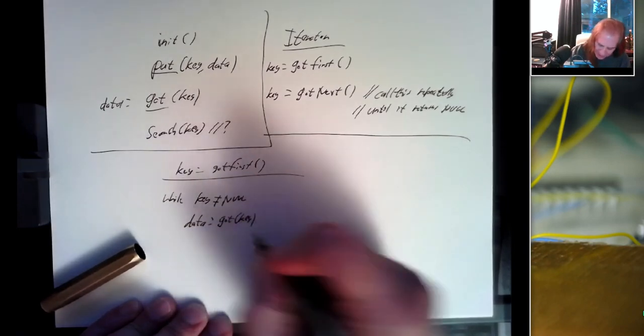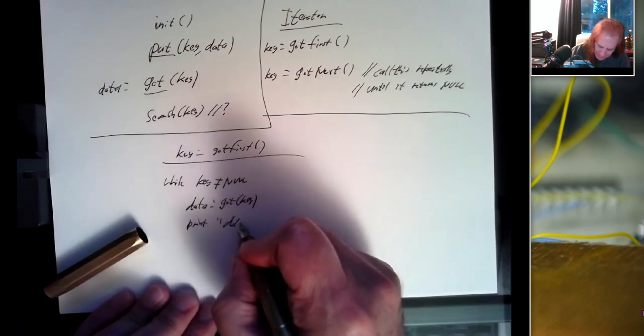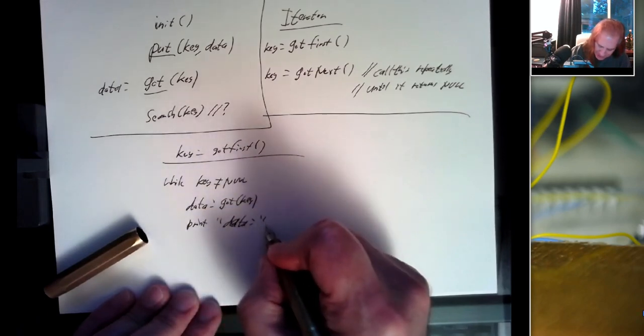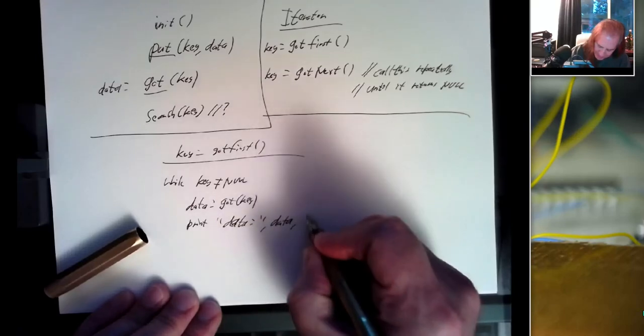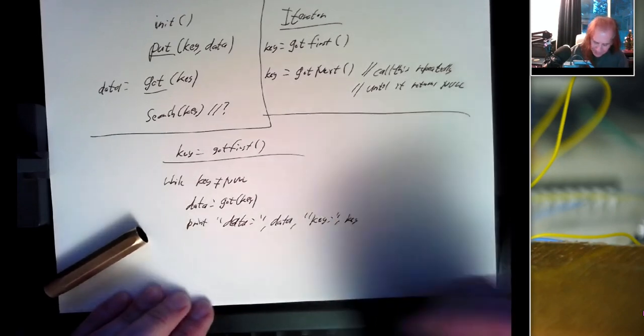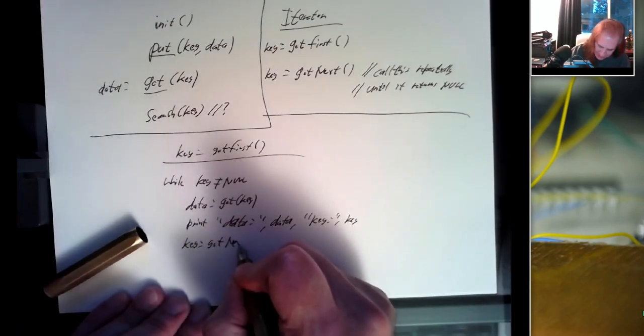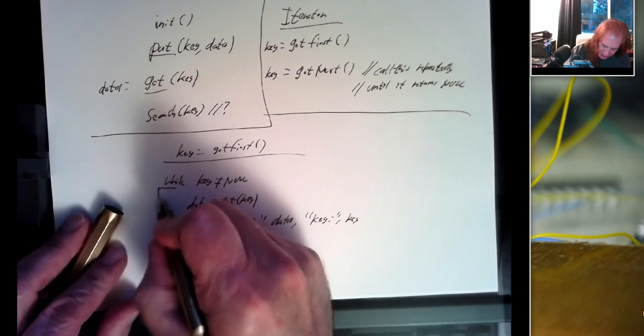We could say let's get a piece of data, and we could print out data equals data, key equals key, and then we could say key equals get next, and we put all of this in a while loop.